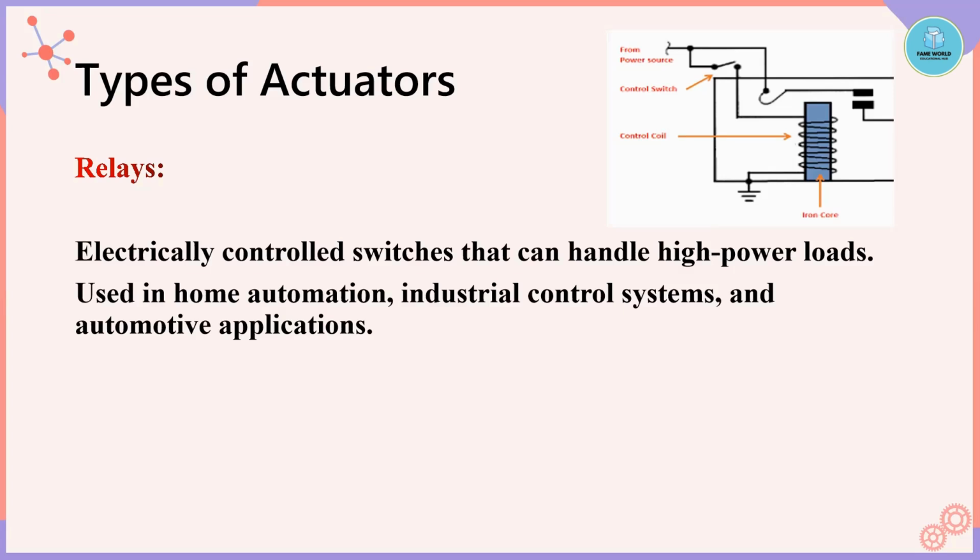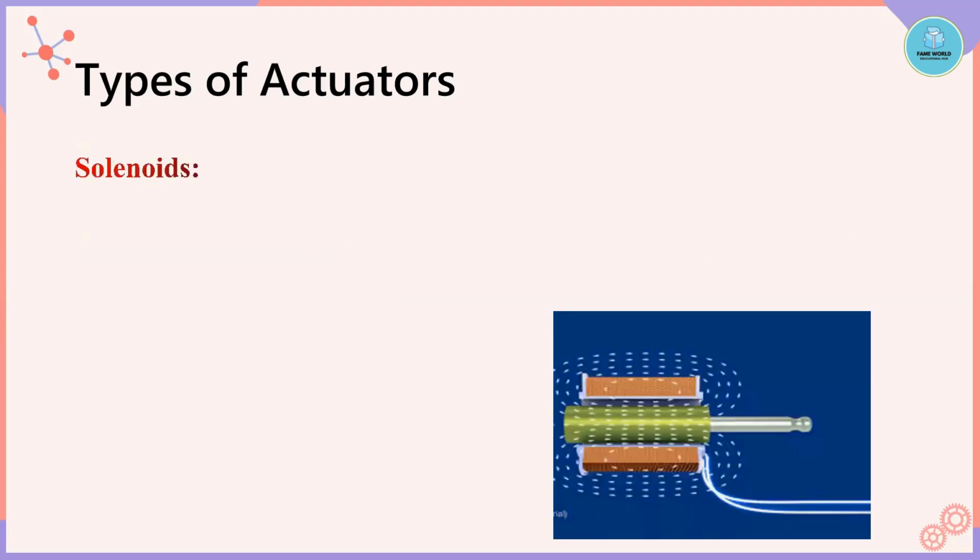The advantages are isolation and control of high power. Isolation means it provides electrical isolation between the control and the load circuits. High power control means it can switch high power circuits with low power control signals. So that is relays. Next, solenoids.